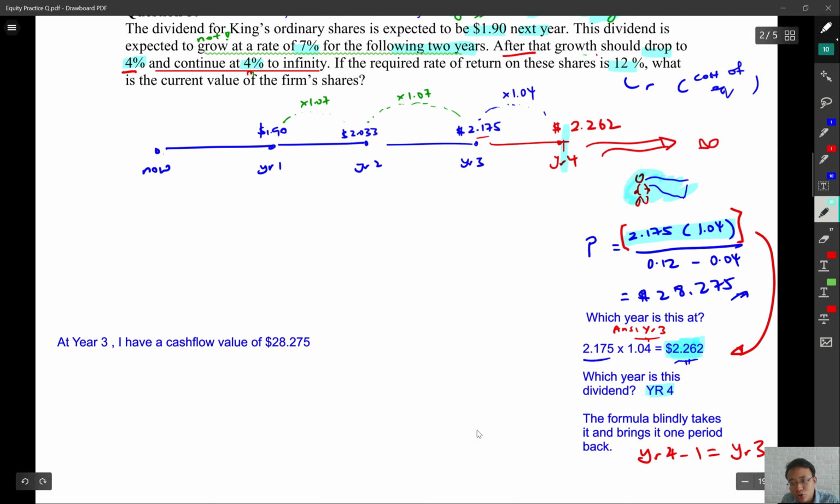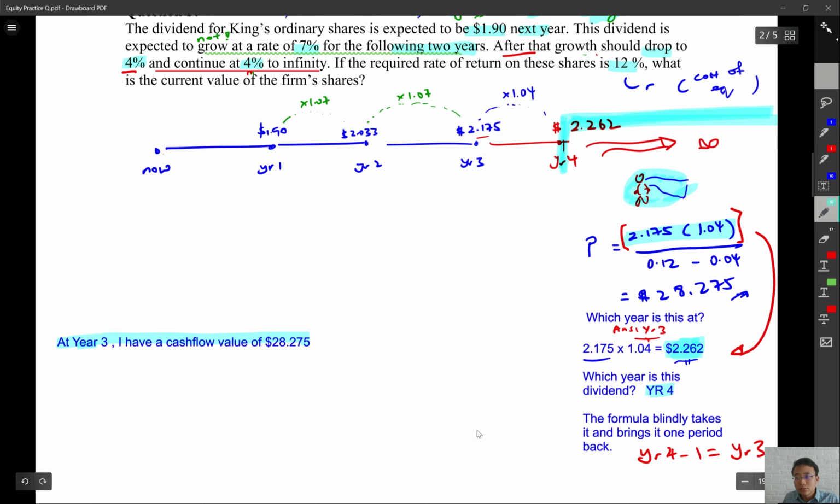Remember, it is the superhero formula. You are capturing from year 4 this dividend all the way to infinity. That's why you really need a superhero. It goes all the way to infinity. So the cash flows from year 4 to infinity, congratulations, you have condensed it into a cash flow of 28.275, but this is as at year 3.